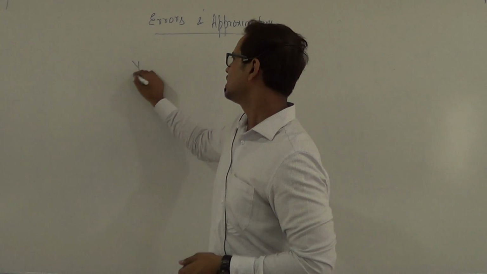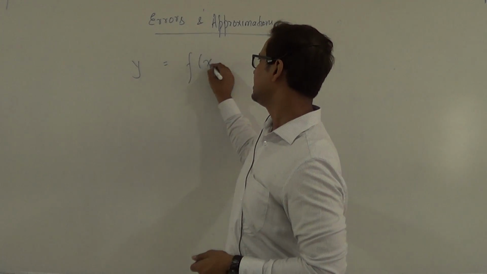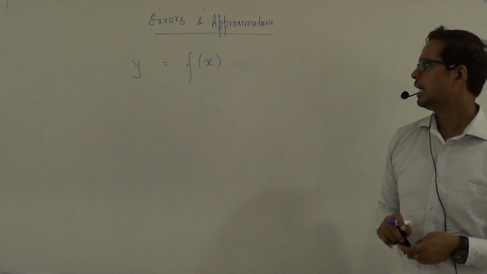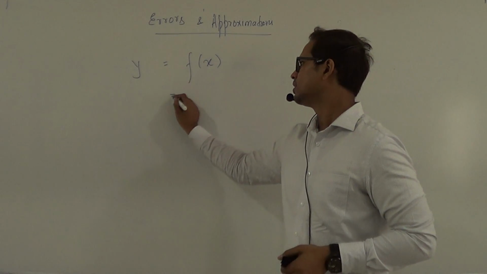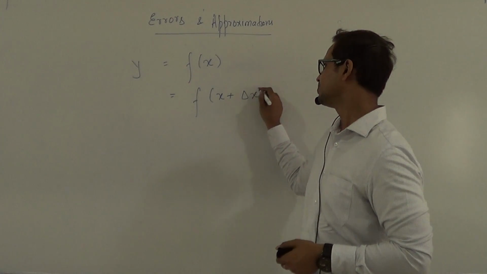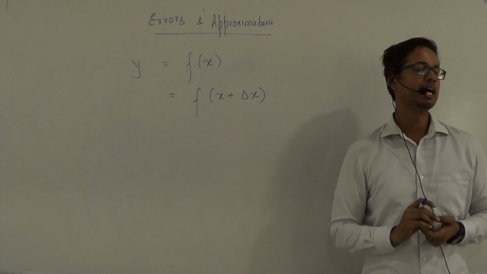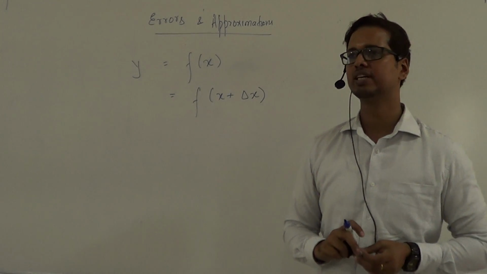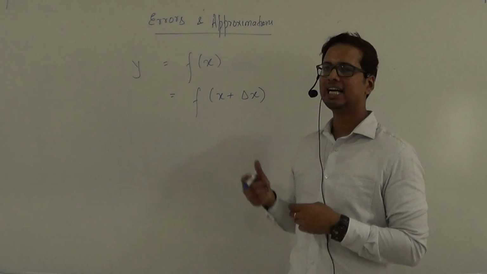So again, let us consider a function y of x. And let's say due to some unavoidable circumstance, there happened to be an error in x, or let's say there is a change in the value of x by delta x.